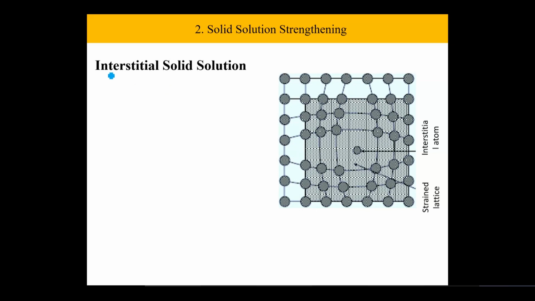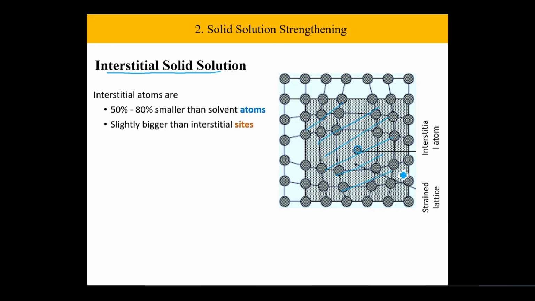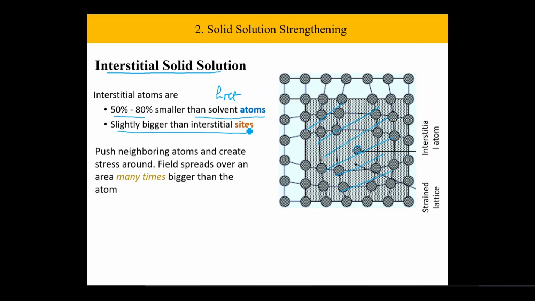That means an interstitial atom occupies the interstitial space. If you see the strained lattice, interstitial atoms are 50 to 80% smaller than the host atoms or the solvent atoms, and they are slightly bigger than the interstitial sites. They push neighboring atoms and create stress around. Field spreads over an area many times bigger than the atom itself.